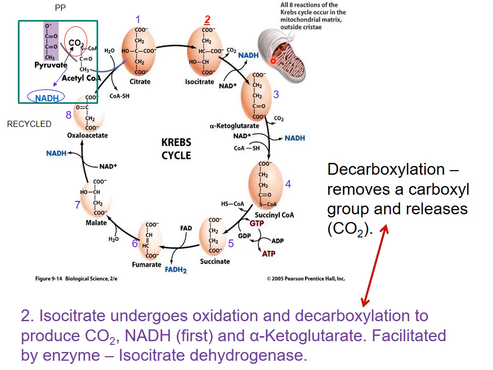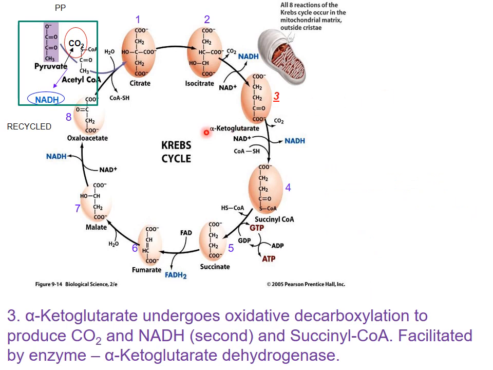It also produces something known as ketoglutarate, and this is facilitated by the enzyme known as isocitrate dehydrogenase. It's very important that we remember that decarboxylation is the removal of a carboxyl group, and that results in the production of carbon dioxide, an important product of cellular respiration overall.